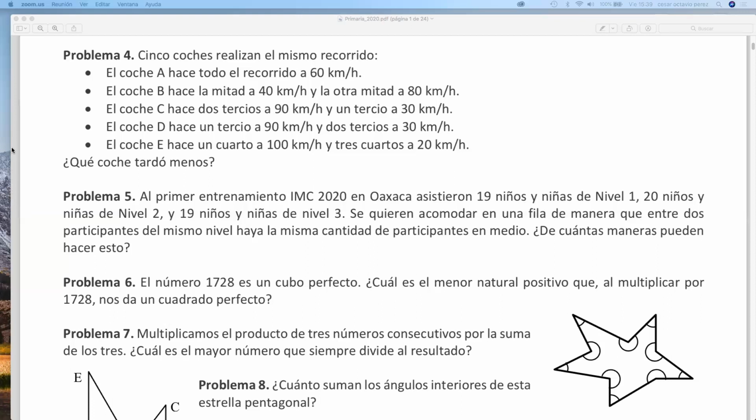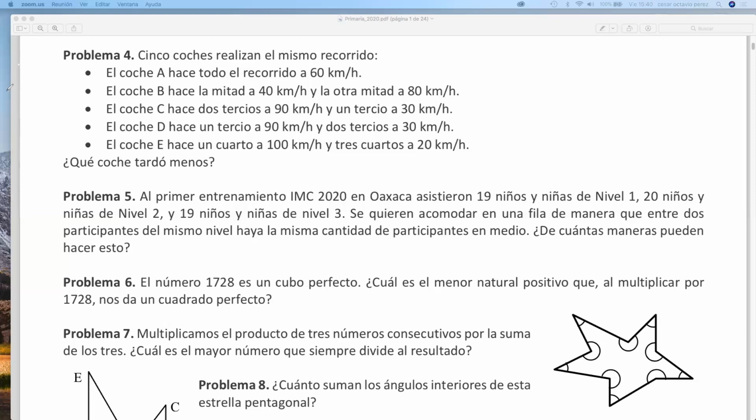So in those problems, they only ask you for the answer, so you can use particular cases. Usually we must solve the problem in general, but in this kind of contest, we can use a particular case to solve the problem.